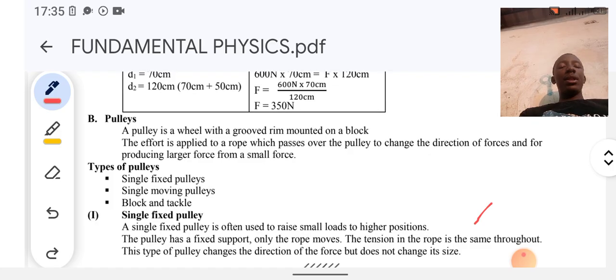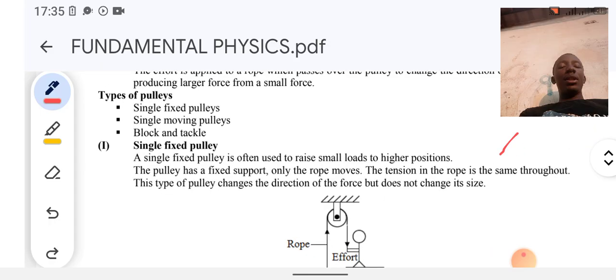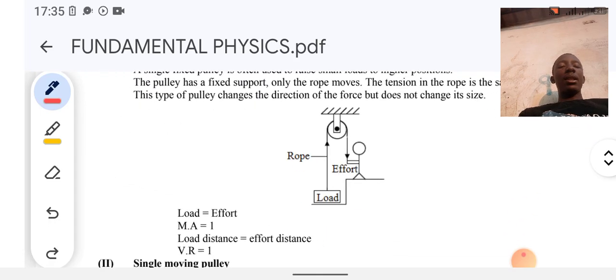So moving to another type, a moving pulley, we're going to have this one here. The load is twice the effort.